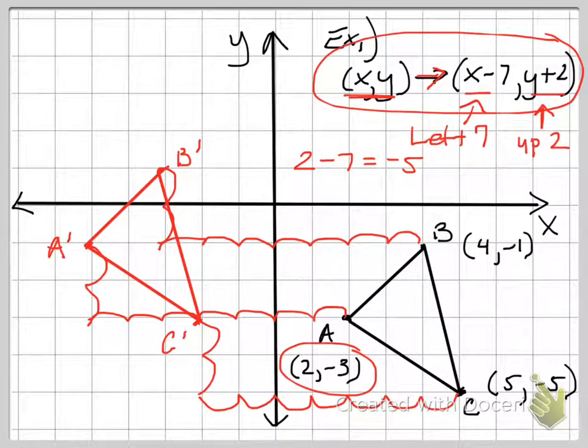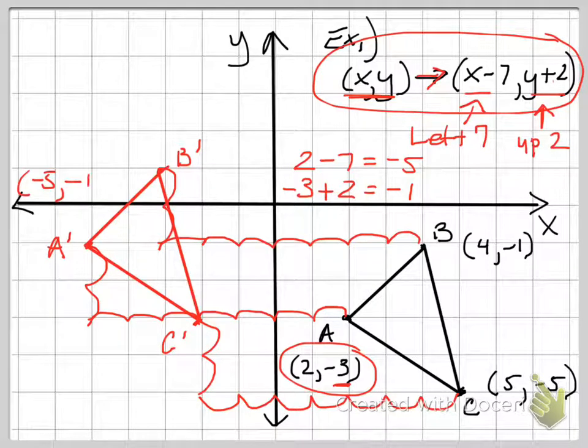So your x-coordinate for A prime should be negative 5. And then the y, you got negative 3, and it says here plus 2. Negative 3 plus 2 ends up being negative 1. So your coordinate should be at (-5, -1).